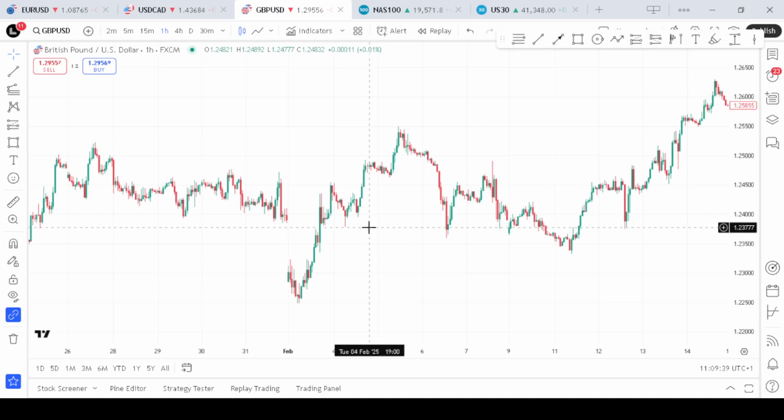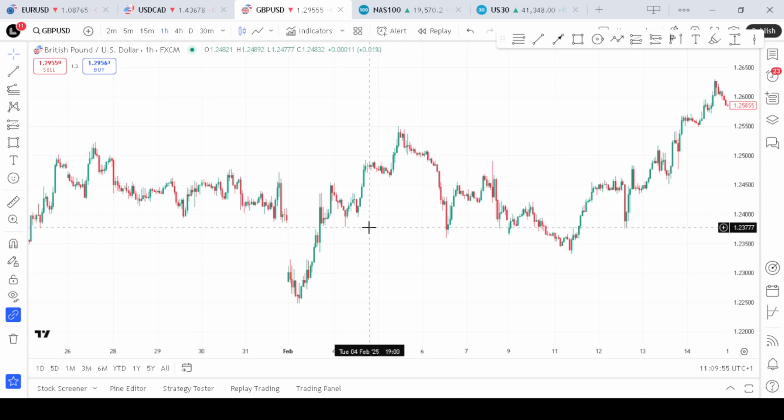The simple Fibonacci strategy is a powerful tool that combines structural analysis, Fibonacci retracement levels, and candlestick patterns to identify high probability trading setups.